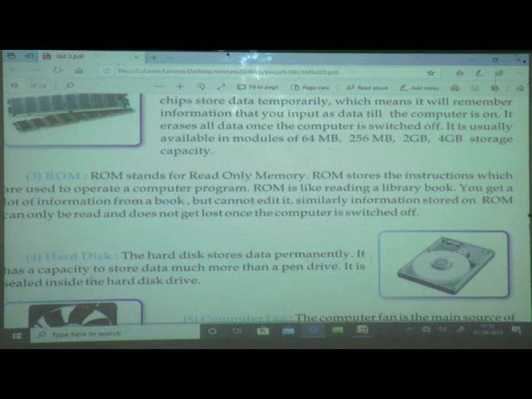It has a capacity to store more data than the pen drive. It is bigger than the pen drive, and it is sealed inside the hard disk.